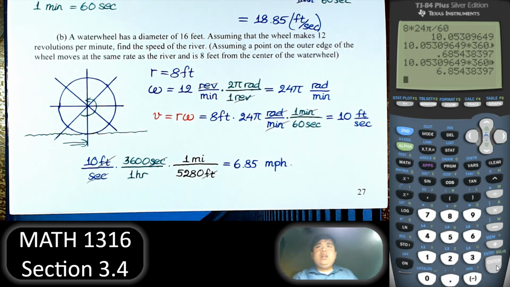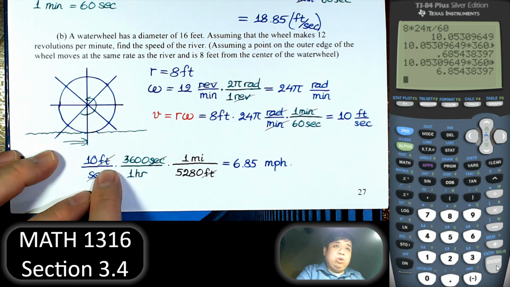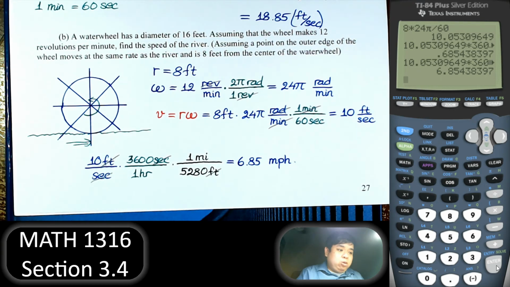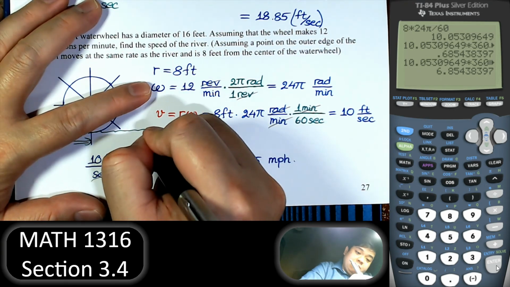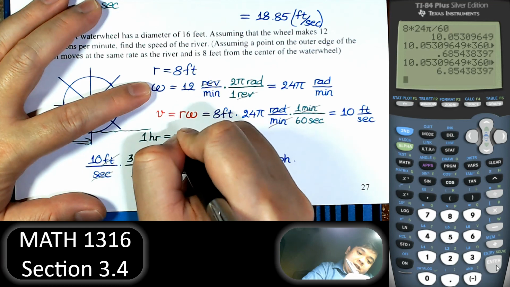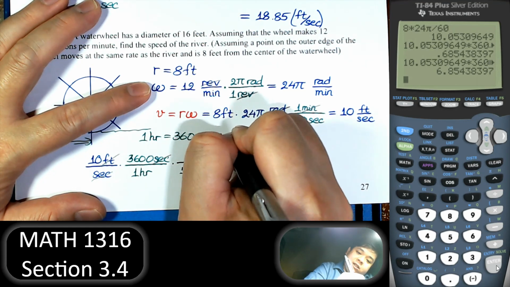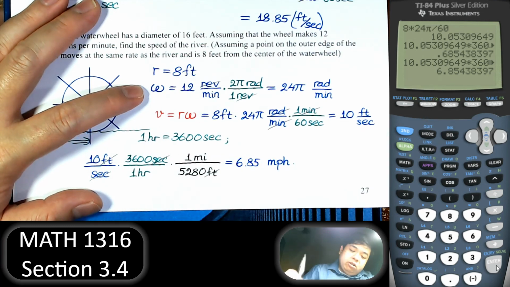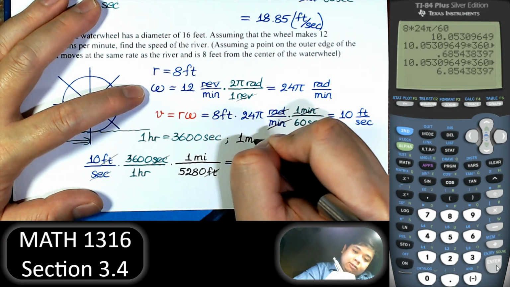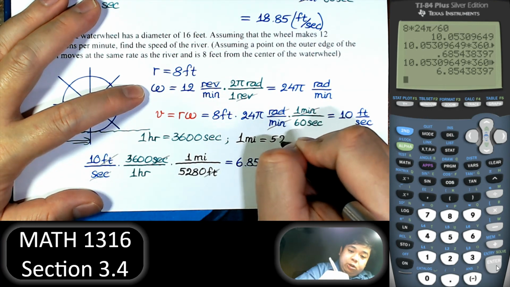Right. So pretty much, of course, there's only one formula in this section, but most of it we just do the unit conversion. And the key for doing the unit conversion is that whatever unit we don't want, first of all we have to write out the conversion factor, like 1 hour is 3600 seconds, and then 1 mile is 5280 feet.